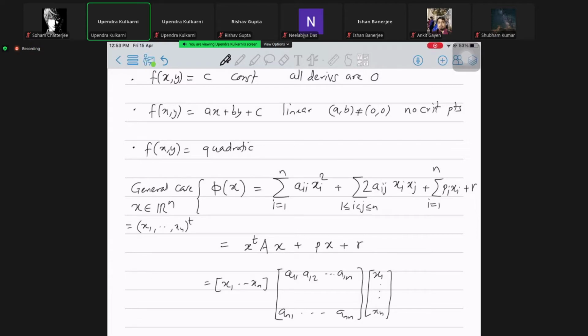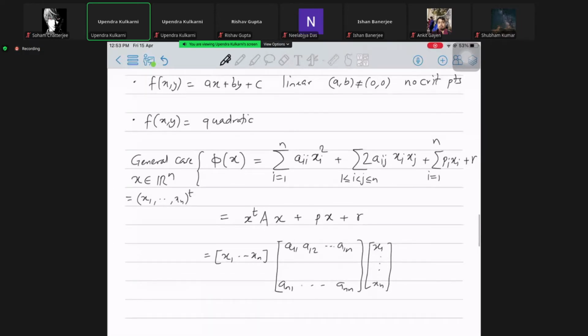So when I add those together, that's when I get 2 times the term. But for the terms on the diagonal, the 2 does not come. So this matrix notation tells you why I put that 2 in there. Okay, so where a_ij equals a_ji.